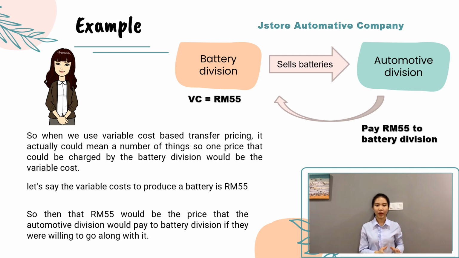One price that could be charged by the battery division would be the variable cost. Let's say the variable cost to produce a battery is RM55. It means RM55 is the price that the automotive division would pay if they were willing to go along with it.